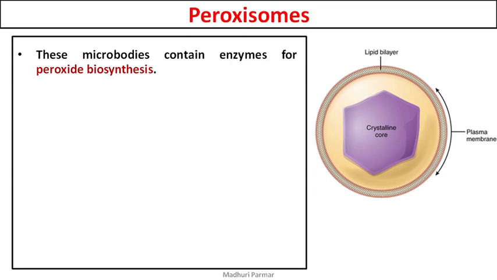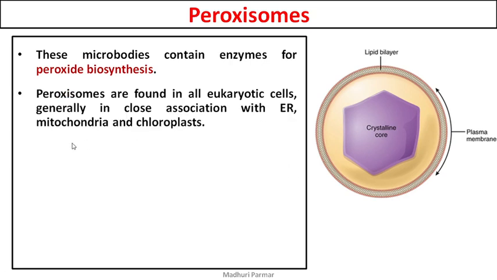Peroxides are synthesized inside the peroxisomes, which gives it its specific name. How does it look? It has a lipid bilayer, so a single membrane. Inside the single membrane, there will be a matrix and a crystalline core. This crystal-like core is actually made up of proteins.